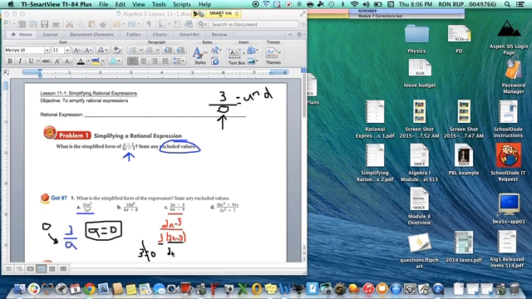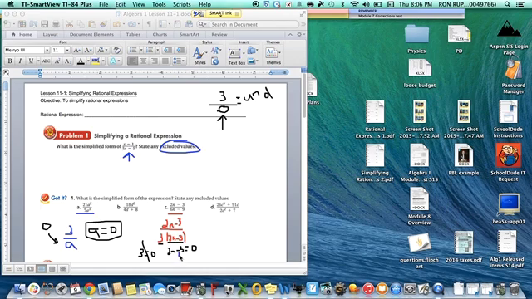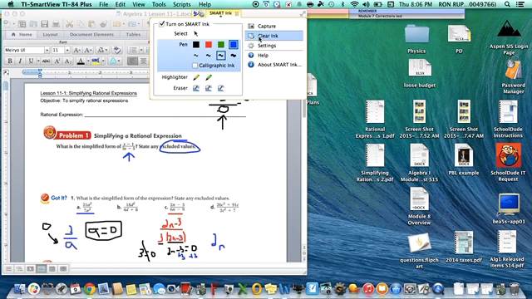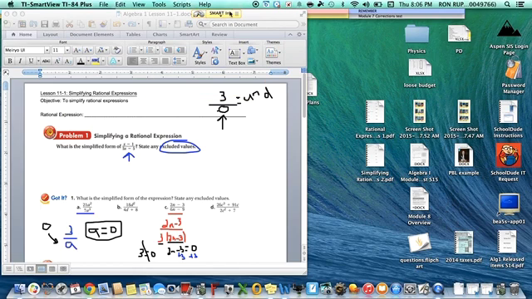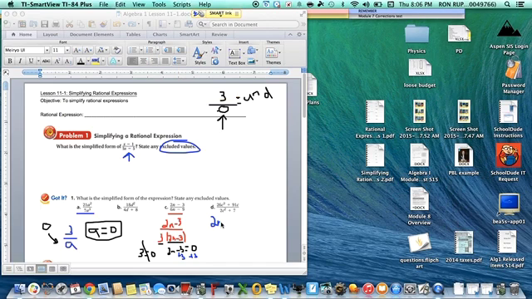And 2n minus 3 equals 0, so then we just solve for n. Add 3 to each side. You get 2n equals 3. Now you divide each side by 2.